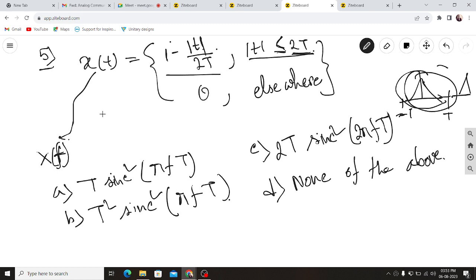If you have two square pulses and do the convolution between them, you get a triangular wave shape function. That is a task you can do at home as an assignment. If we convolve two different square pulses, we will always get a triangular waveform defined by this.